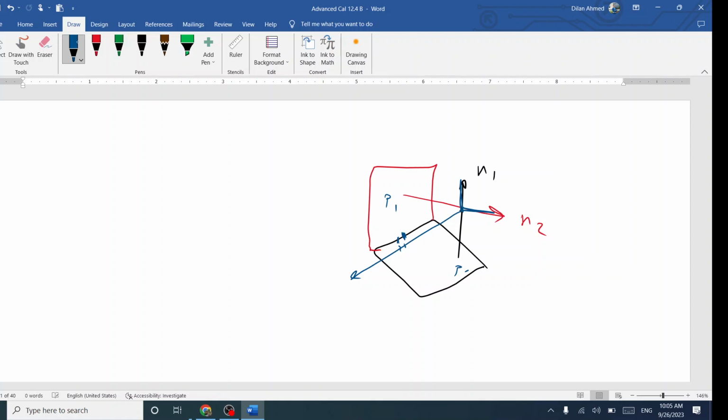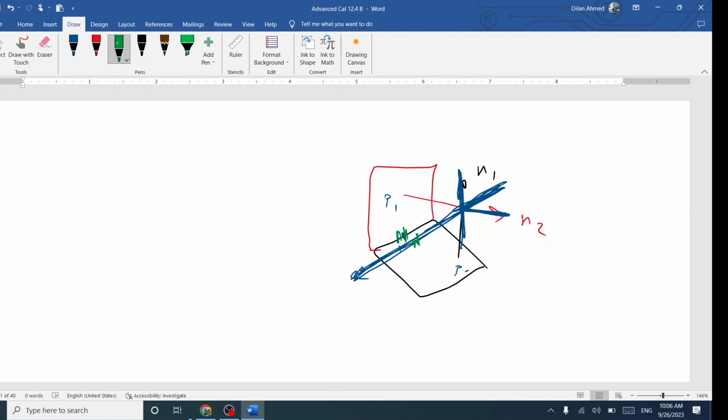If I find the intersection between these two normals, I am 100% sure that the line I want to find is parallel to the intersection line.